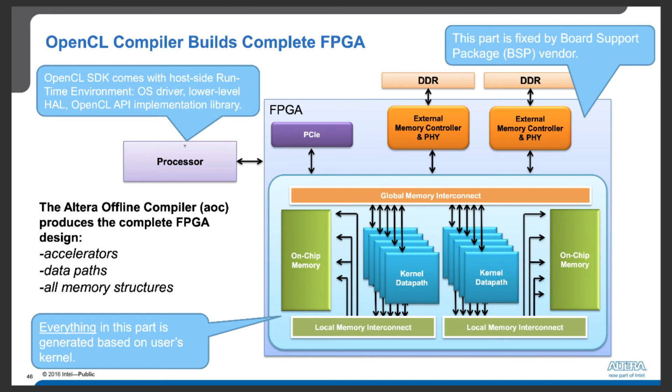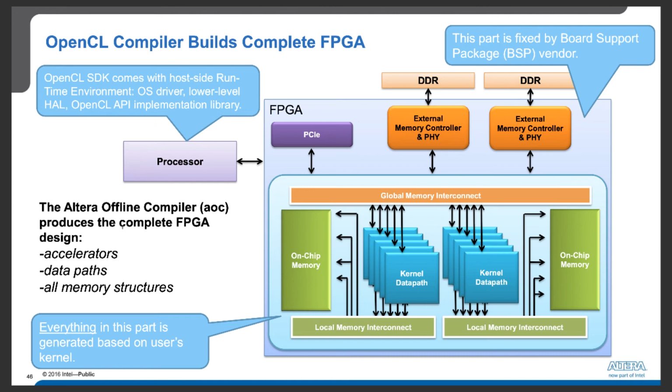Once we build the binary for the FPGA and also for the host-side application, we can use the OpenCL runtime environment to execute this binary. On the host side, this runtime environment comes with the OS driver, low-level description of the hardware, and also the OpenCL API implementation library. This host-side application will be executed on the processor.